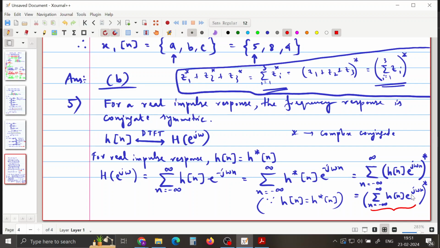So this term inside the conjugate is nothing but capital H of e power minus j omega. You just replace omega by minus omega, and you are taking the conjugate of that whole thing. So overall what you are going to get is capital H star of e power minus j omega.